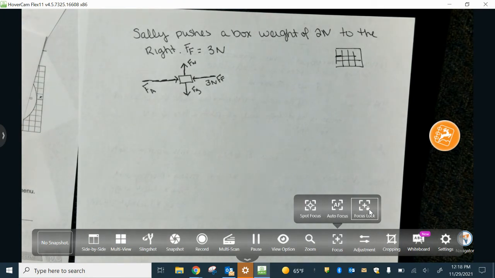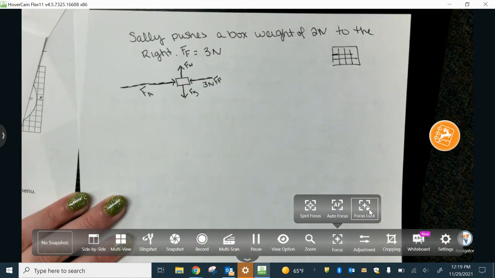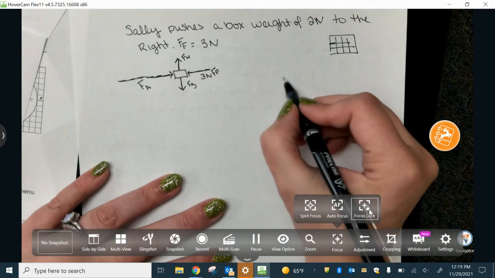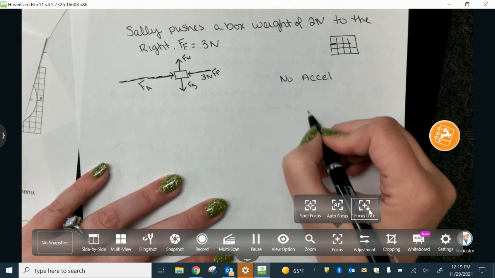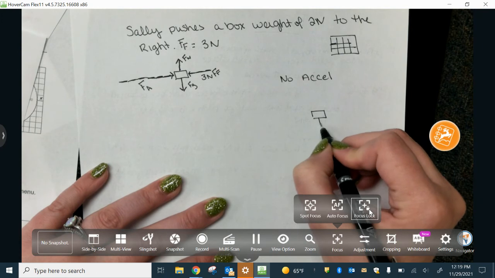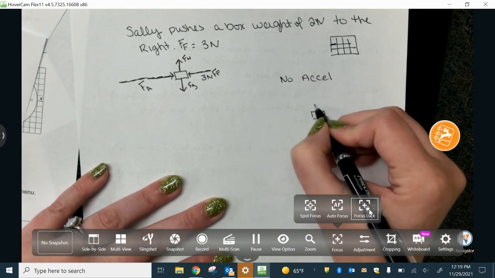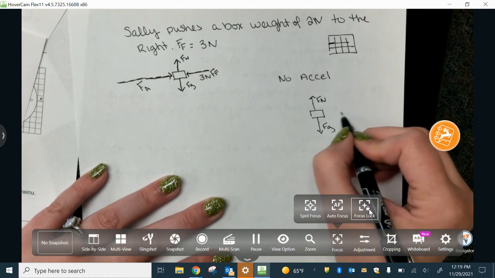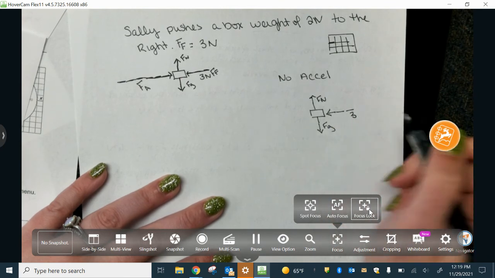Now, if she's going to push it and it speeds up, I would draw that one bigger by more blocks. If it ever gets to the point where there's no acceleration, we have 2 blocks down, 2 blocks up, 1, 2, 3 blocks to the side.